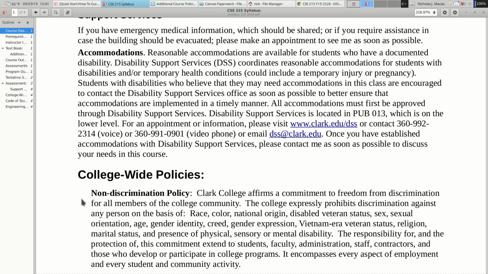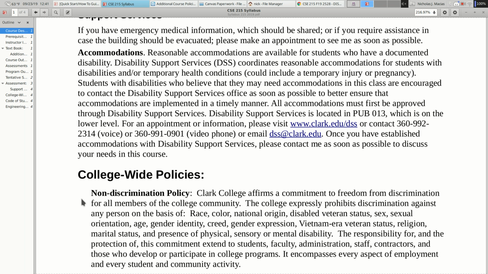So if you feel like you're in a situation where, for example, you might benefit from having extended testing time because you have difficulty reading, there's dyslexia or something like that, or you would do better testing in a low distraction environment where you don't have to listen to a fan blowing in the doorway, or you need a note taker to take notes for you because you have difficulty seeing the board and so on. Any kind of accommodation that you think might help you be better able to be successful in your classes, right? There's a DSS office that is here to help figure out how to make those accommodations possible.